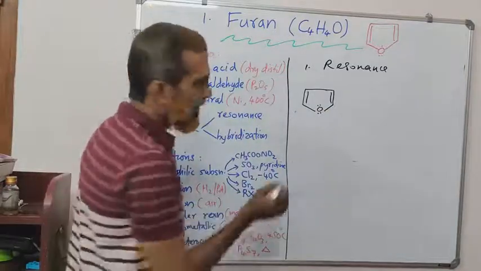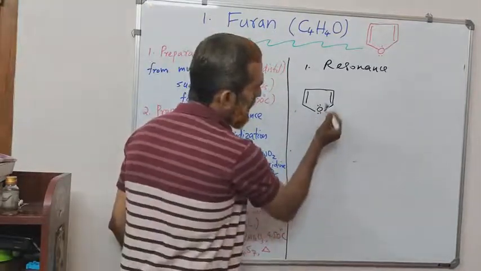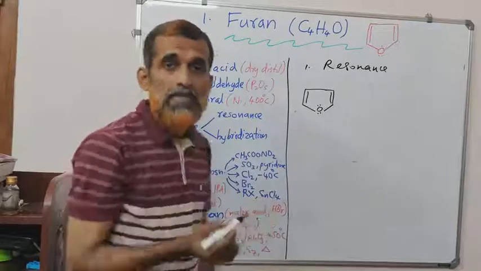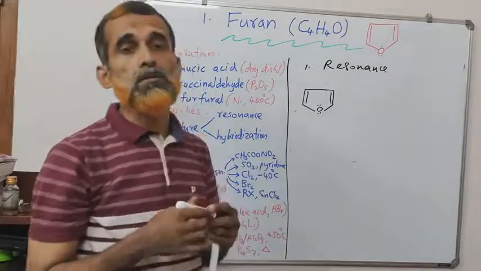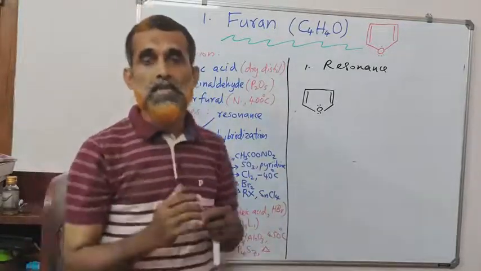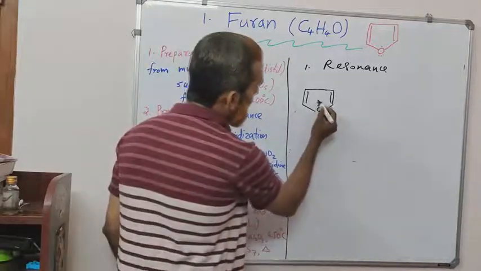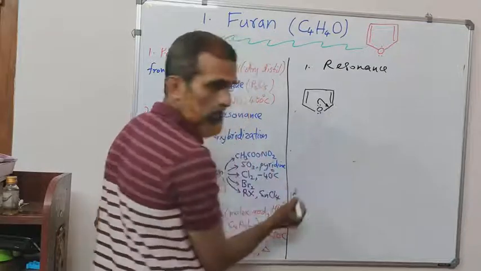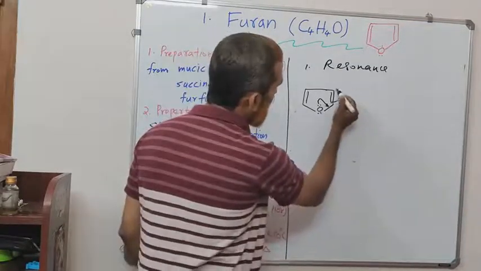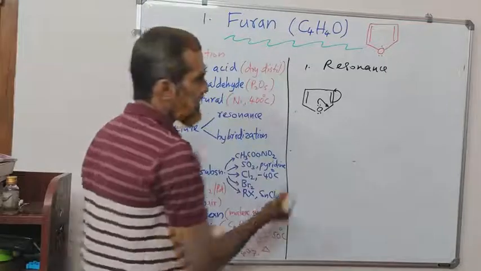Okay. So we know this is in conjugation, in resonance, not only pi electrons rightly positioned, lone pairs also take part. So this lone pair will get delocalized over here, and this will shift to this carbon.